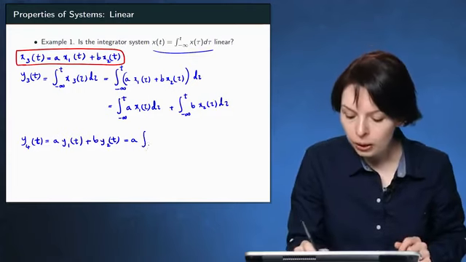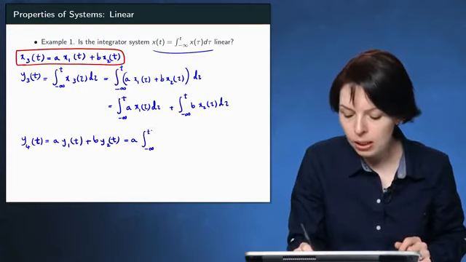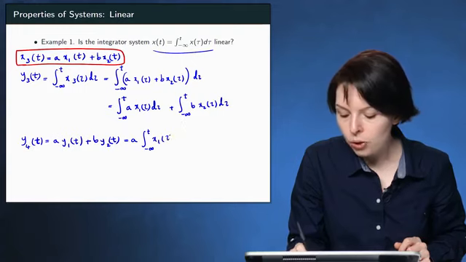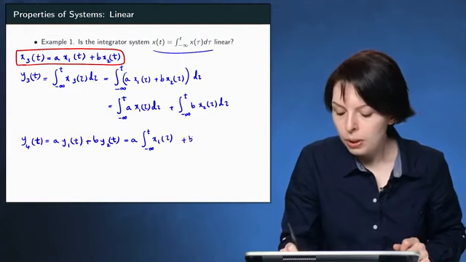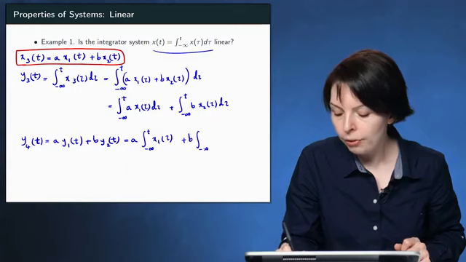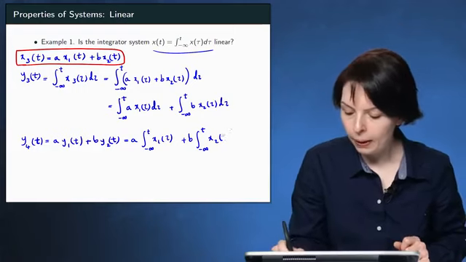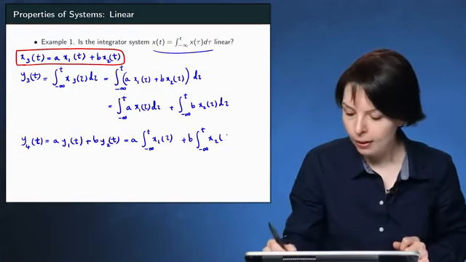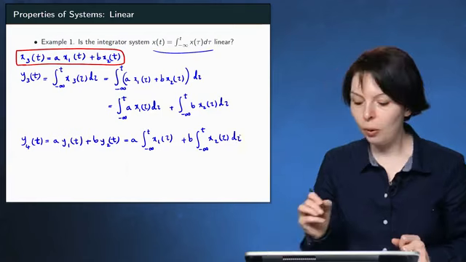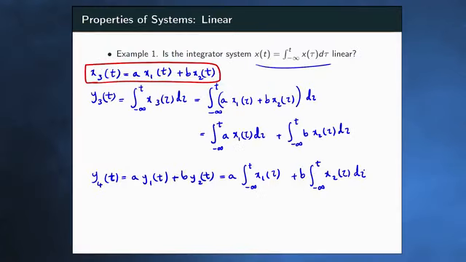So it's going to be equal to the integral from negative infinity to t of x1 of tau, plus b times the integral from negative infinity to t of x2 of tau d tau. All right, good. Now I can see that y3 of t is equal to y4 of t. And as a result, this system is linear.